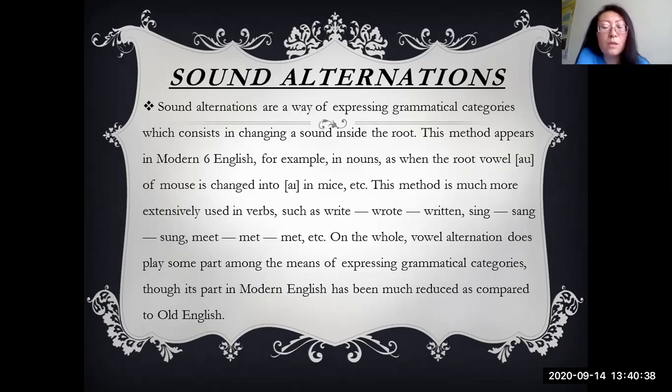This method appears in modern English, for example, in nouns, as when the root vowel ow of mouse is changed into I in mice, etc. This method is much more extensively used in verbs such as write, wrote, written, sing, sang, sung, meet, met, met, etc. On the whole, vowel alternation does play some part among the means of expressing grammatical categories, though its part in modern English has been much reduced as compared to Old English.